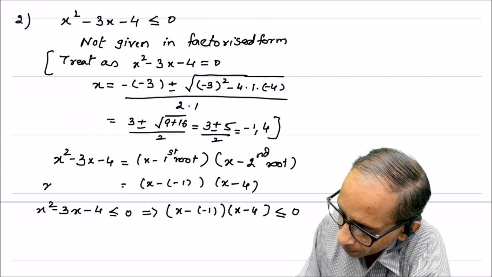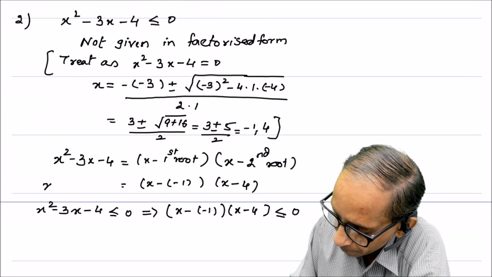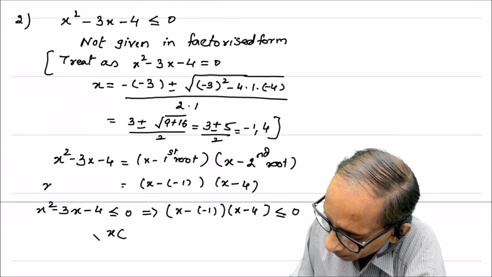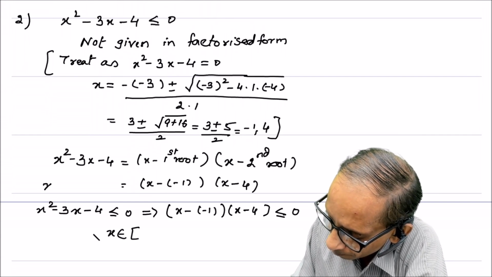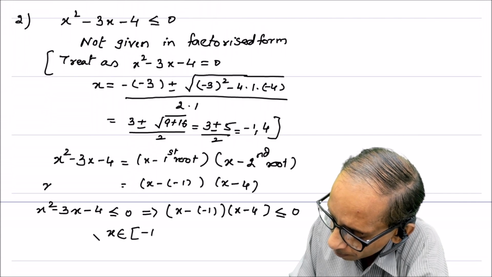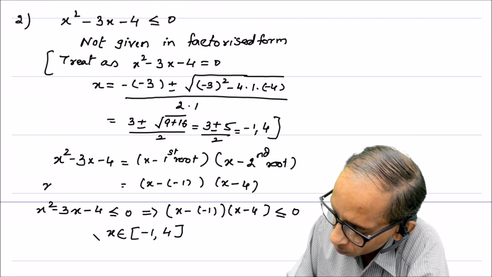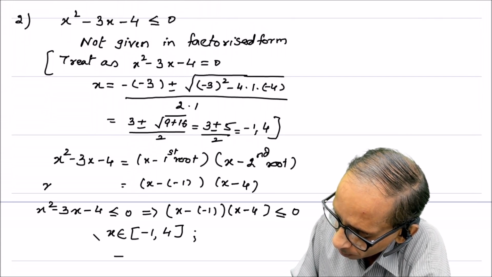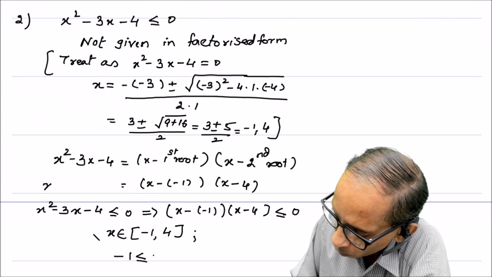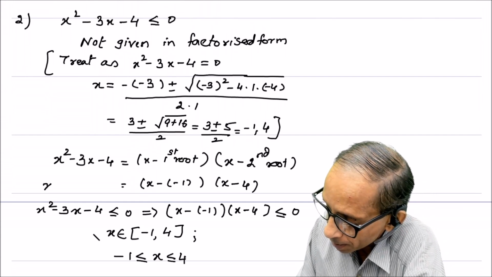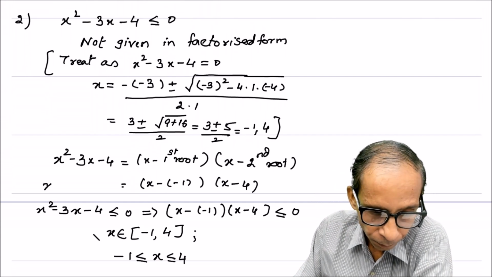And by the standard results that we obtained, x will be lying in the region between the smaller number minus 1 and the larger number 4. And we can also write it in this particular format: minus 1 less than or equal to x less than or equal to 4.